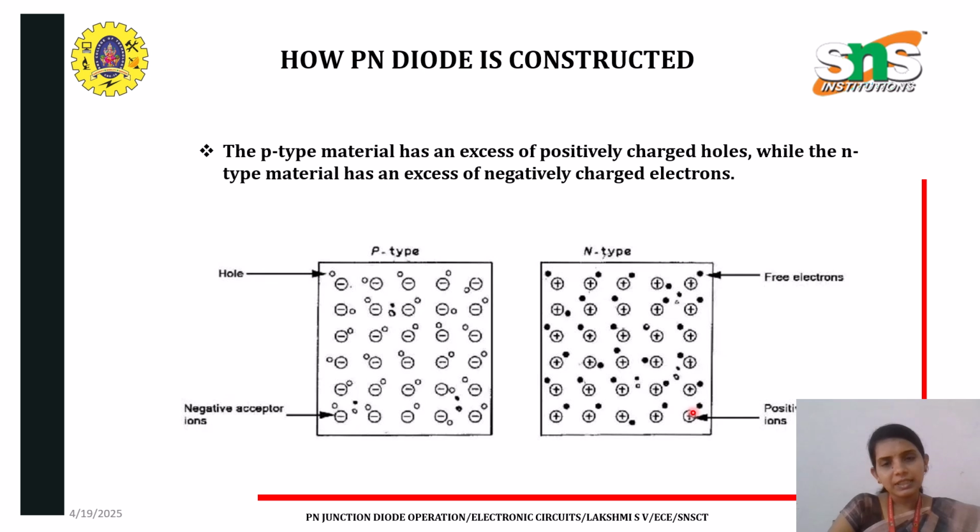After a certain time, the N-type will have a net positive charge and the P-type will have a net negative charge. At this stage, the movement stops and a depletion region is formed which contains immobile ions. Further, there will not be any movement of charged particles between the two regions. That particular part we call the depletion region, which contains immobile ions.